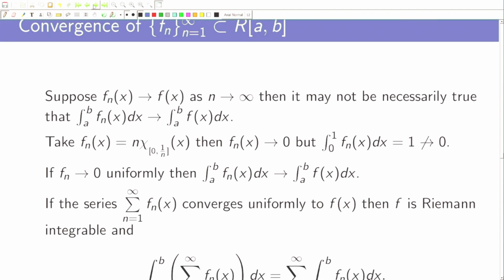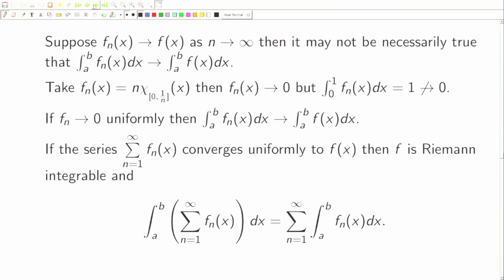Okay. So, now if the series f n x converges uniformly to f of x, then f is Riemann integrable and the integral a to b of the summation n from 1 to infinity of f n x dx, we can interchange the limit and the sum.